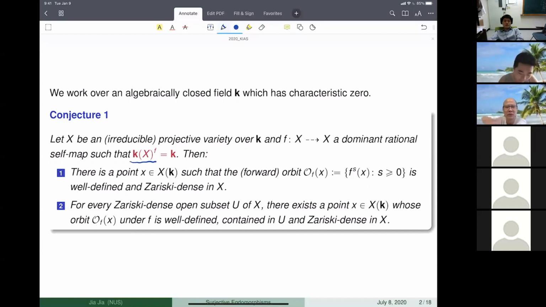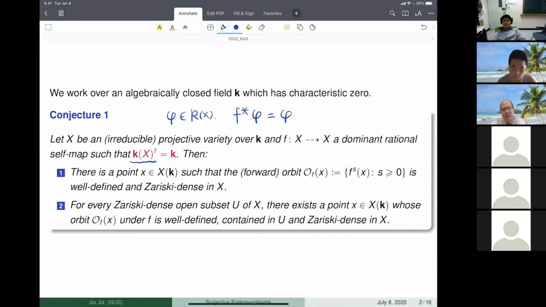That means if phi is a rational function on X, we require this phi satisfy F pullback phi equal to phi.